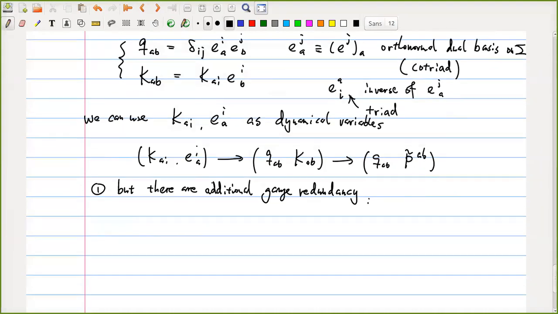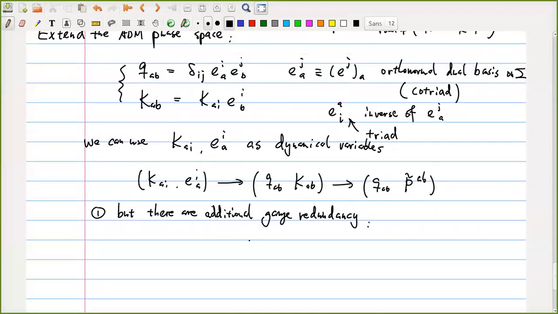So what is gauge redundancy? We can make a linear transformation of these e's: e_I^A transforms to O_IJ e_J^A, where O_IJ is a matrix. Correspondingly, we are transforming this IJ index, and K_A^I transforms into K_A^I O^{-1}_IJ.